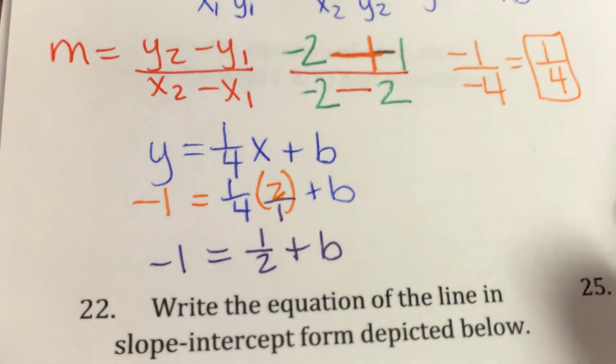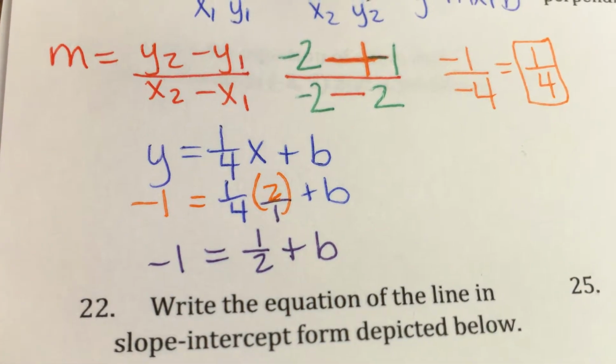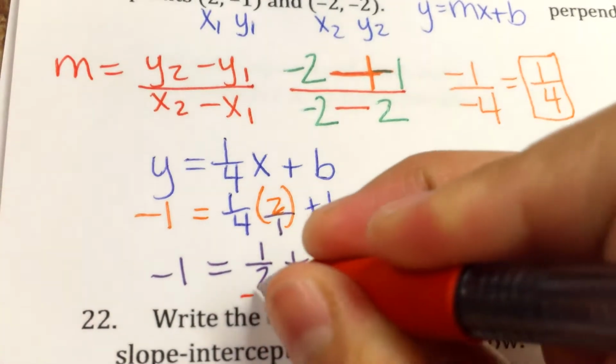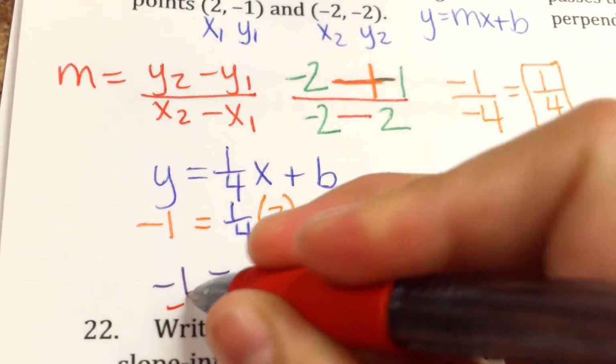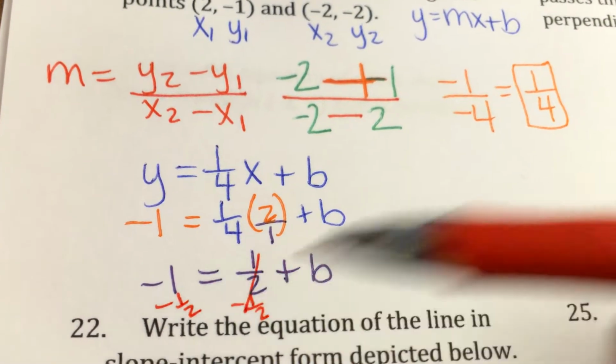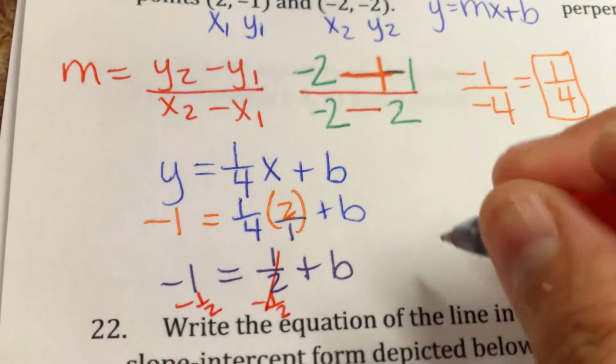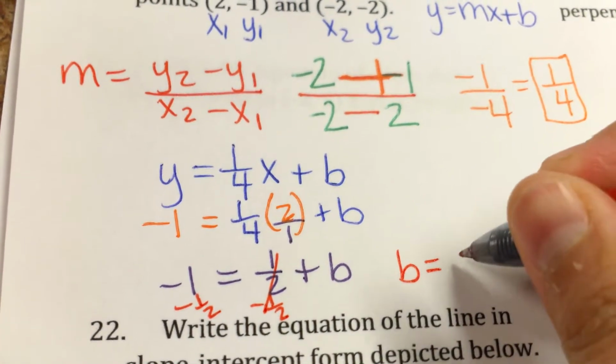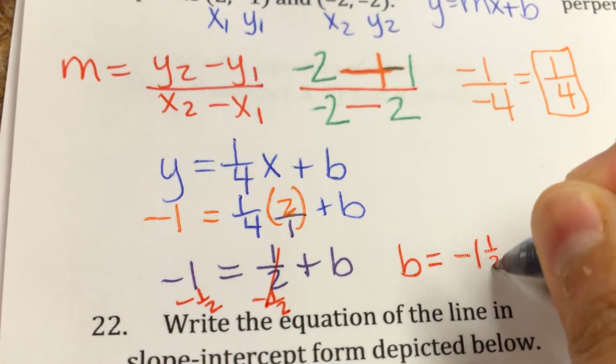We're almost done. We need to solve for b. So we need to subtract half from both sides. This cancels. Here you're going to add them because they're the same sign. So you end up with b equals negative 1 and 1/2.